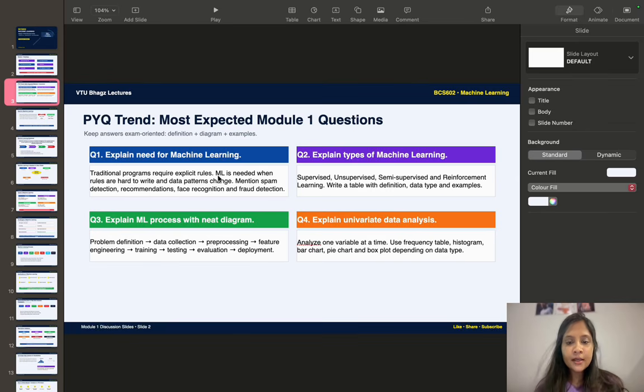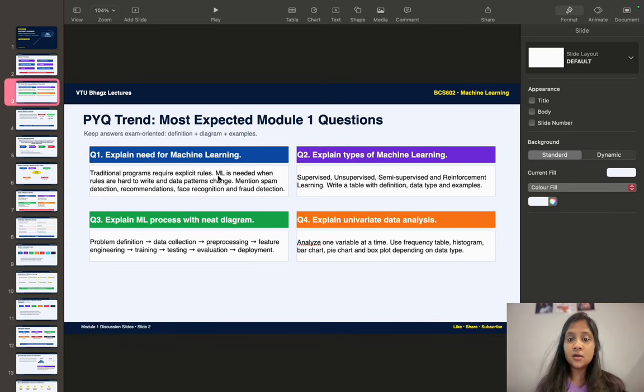Next, you can also draw the diagram of the need for ML. This diagram shows the basic idea of machine learning. We provide data to the learning algorithm.